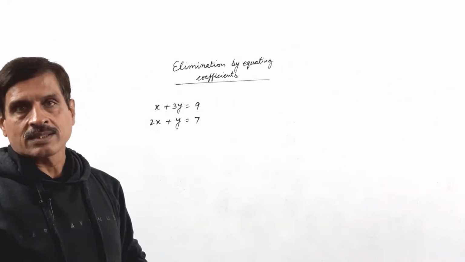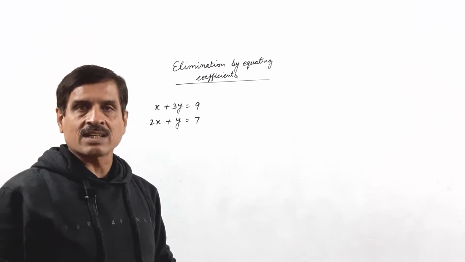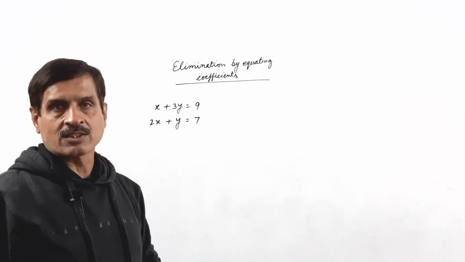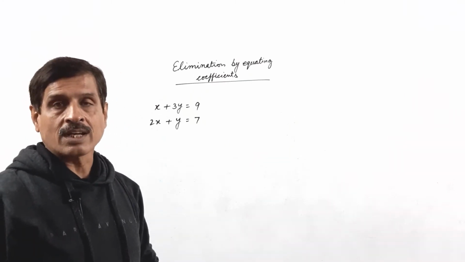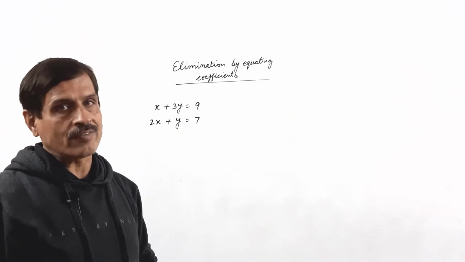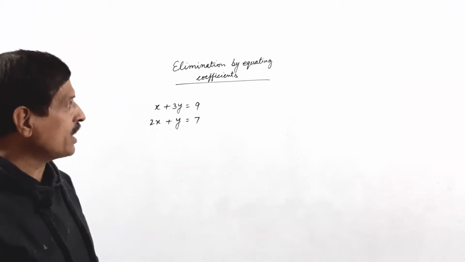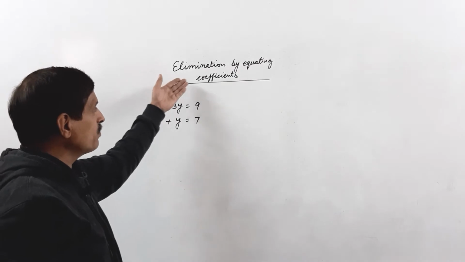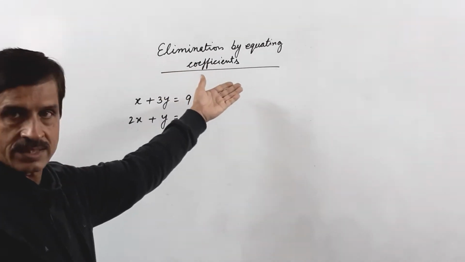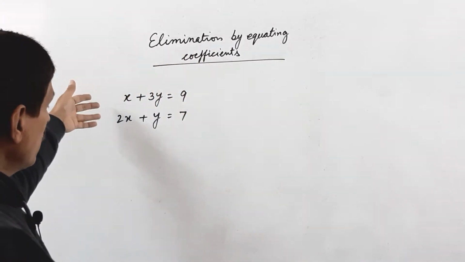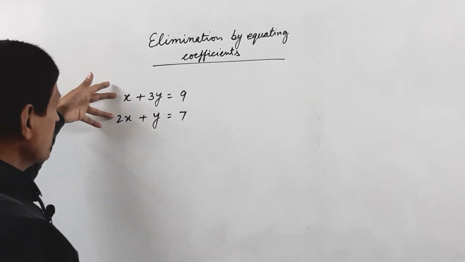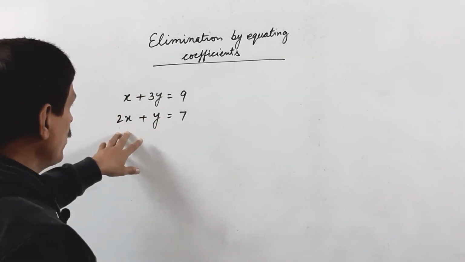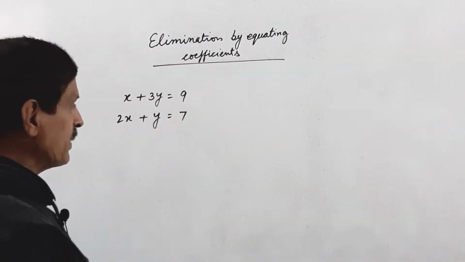Dear students, today we will discuss the algebraic methods for solving the system of linear equations. The first algebraic method is elimination by equating coefficients. We take this example, x plus 3y is 9 and 2x plus y is equal to 7.